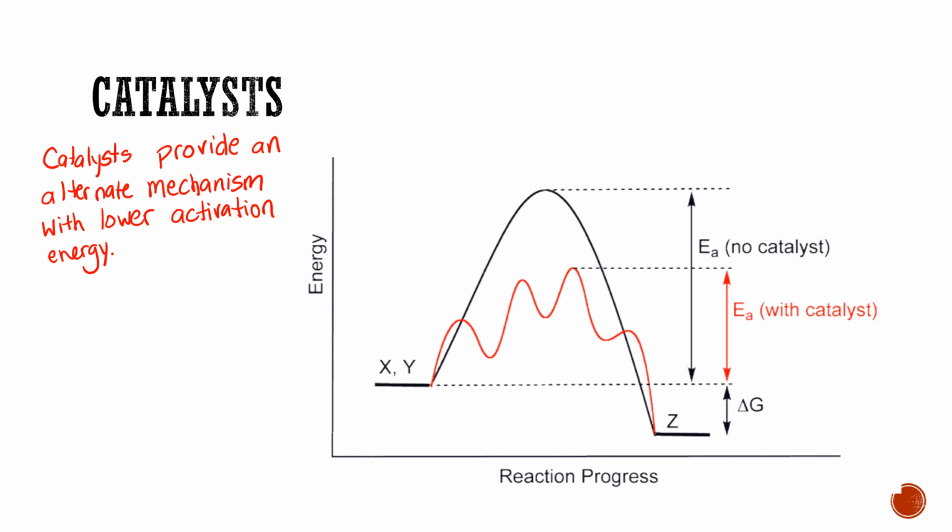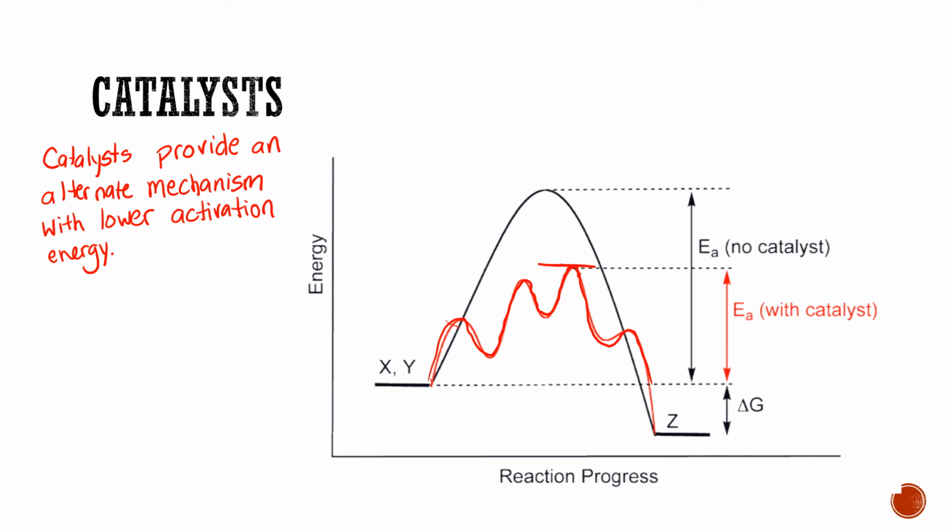When we are trying to figure out what the activation energy of the catalyst is, we always measure from the highest peak. So you can see that we've got this kind of bumpy series of steps here with my catalyst. And catalysts often work with a series of steps, and each step will have a little bump.